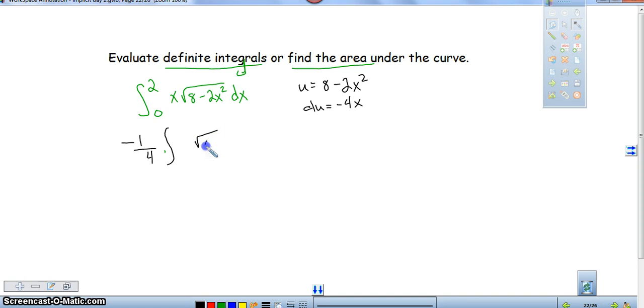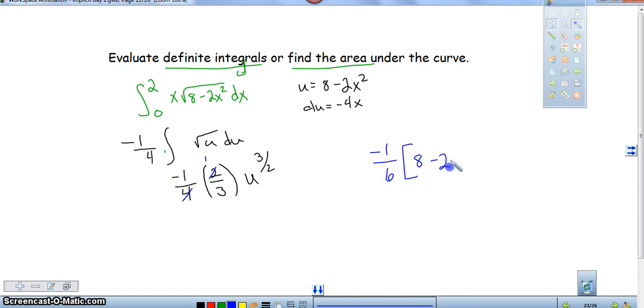the square root of u du, and then I would get negative 1/4 times 2/3 times u to the 3/2, which if I do some algebra, I get negative 1/6 times 8 minus 2x squared to the 3/2 from 0 to 2.